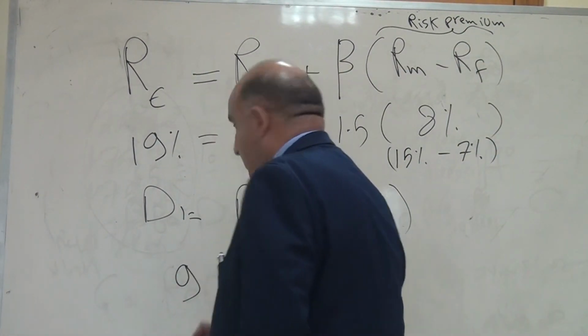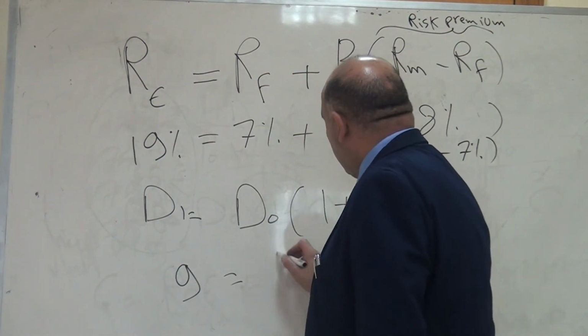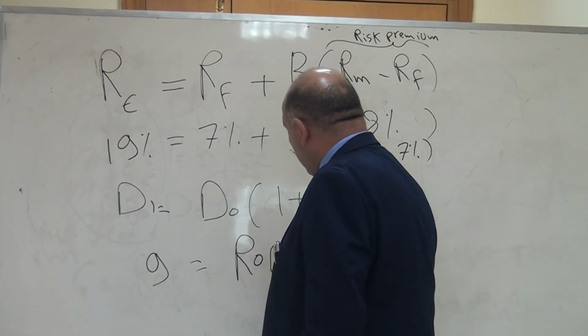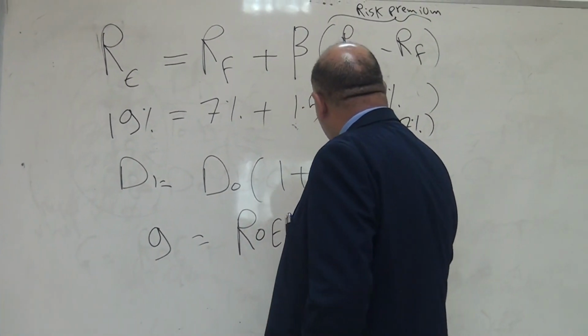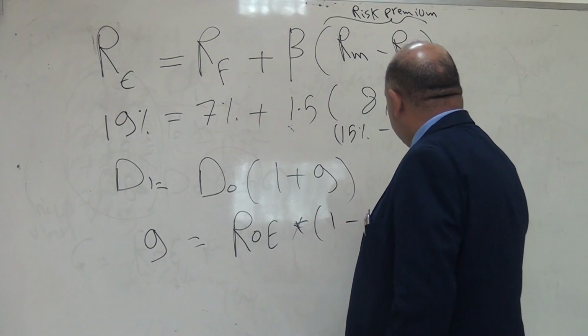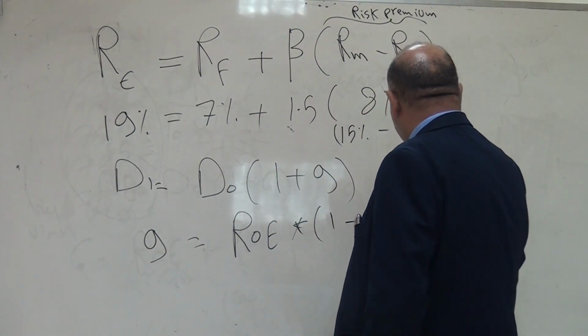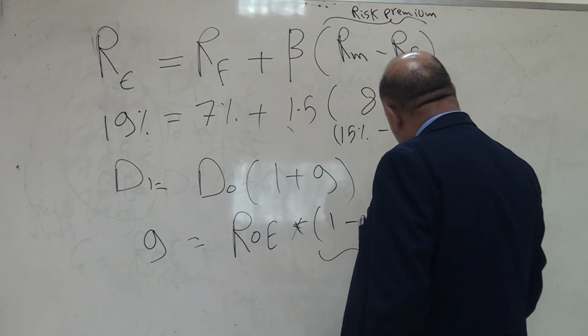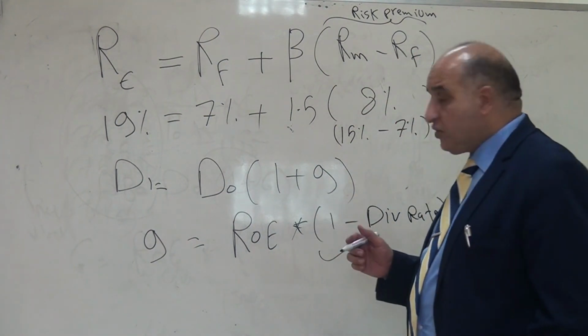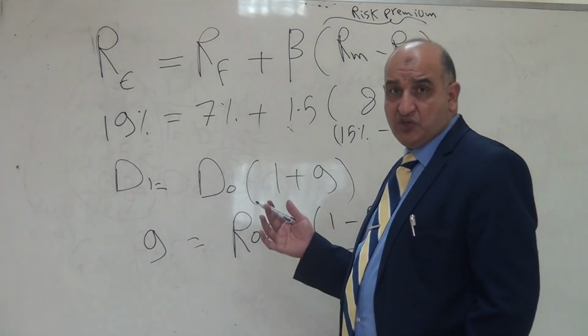How can we get G? G equals ROE, remember ROE, return on equity, multiplied by 1 minus the dividends rate. You can say dividends rate or you can say retention ratio.